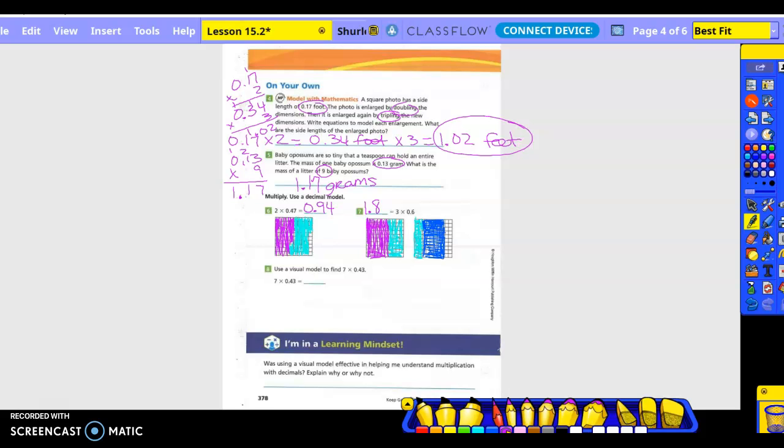Okay. All right. So use the visual model to find 7 times 4.3. So I need how many groups of 4.3? 7. So I need 4 longs and 3 small cubes in a group, right? Okay.